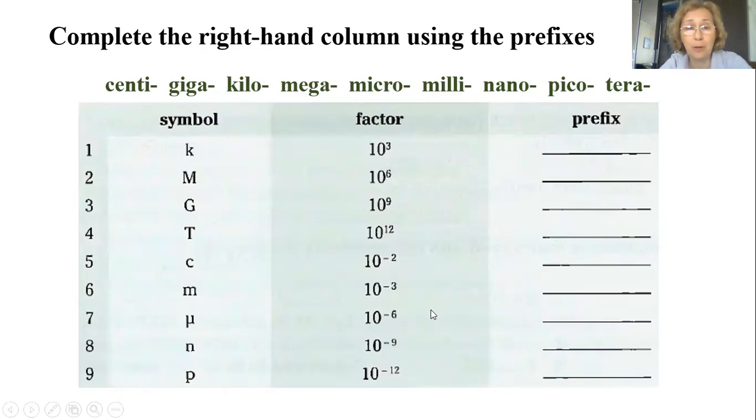So nano, I remember just communicating with Aidana, I know that nano is 10 to the power of -9 because she told me about nano satellites, but it's very interesting that you can easily say the other prefixes.